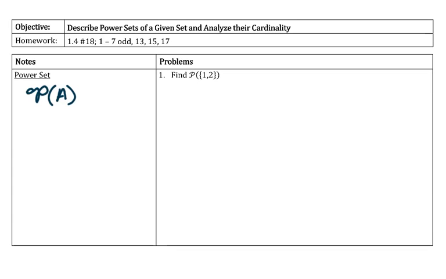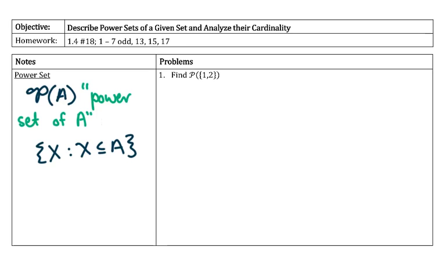So the power set of A, written like this, is the set containing all of the subsets of A. We looked at something similar in the earlier notes, but it's the set that contains all the subsets.